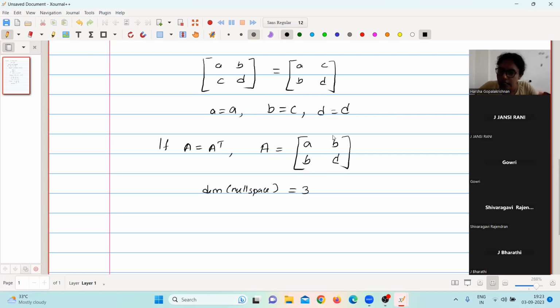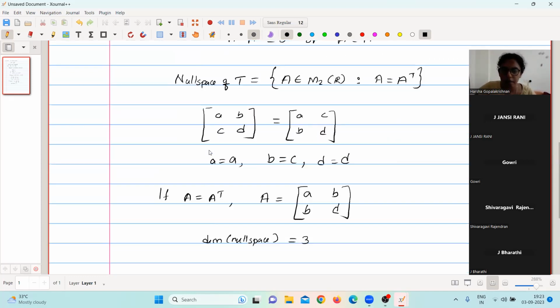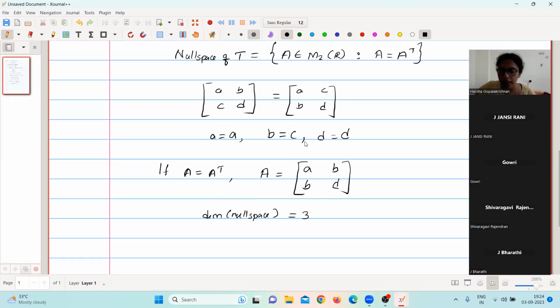In the second one, B equal to 1, A, D equal to 0. And in the third element, D equal to 1, A, B equal to 0. So those 3 elements form the basis, and so the dimension of null space is 3. Is this clear for everyone? Like how we have found the null space and how we found the dimension, or we can say the nullity of T.